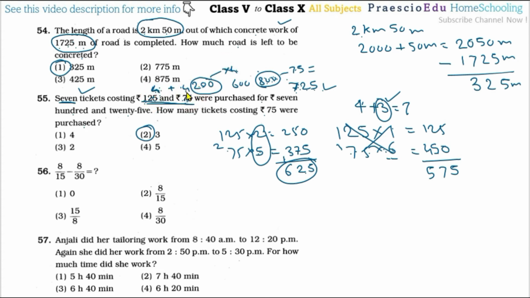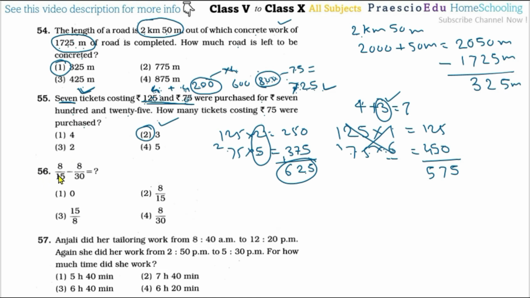There are 8 tickets, 4 plus 4, but we require 7 tickets, so one ticket we deduct, which is the 75 amount. In that case, these 7 tickets criteria also match, and this 725 also matches, so there are 3 tickets of rupees 75. So option number 2 is the correct one.